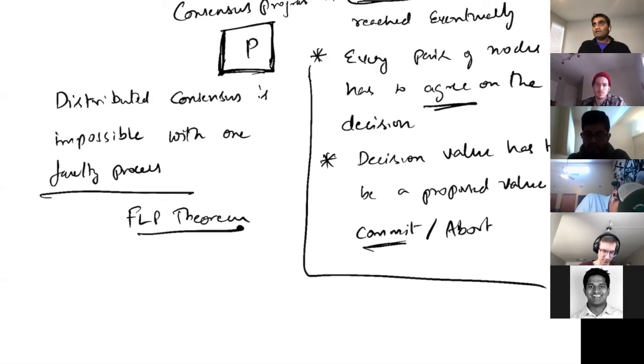You cannot consistently commit or consistently abort a given transaction, given that failures are possible in the system. That's the implication for most real-world applications, which include transactions.